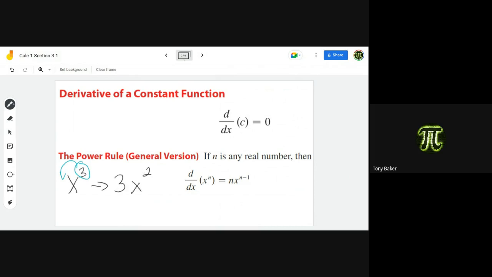So you're always going to take whatever the exponent is, move it down in the front, and subtract 1 from the exponent. That's what the power rule states to do. Bring the exponent down in front and subtract 1 from the exponent. We're going to do that one in a second.